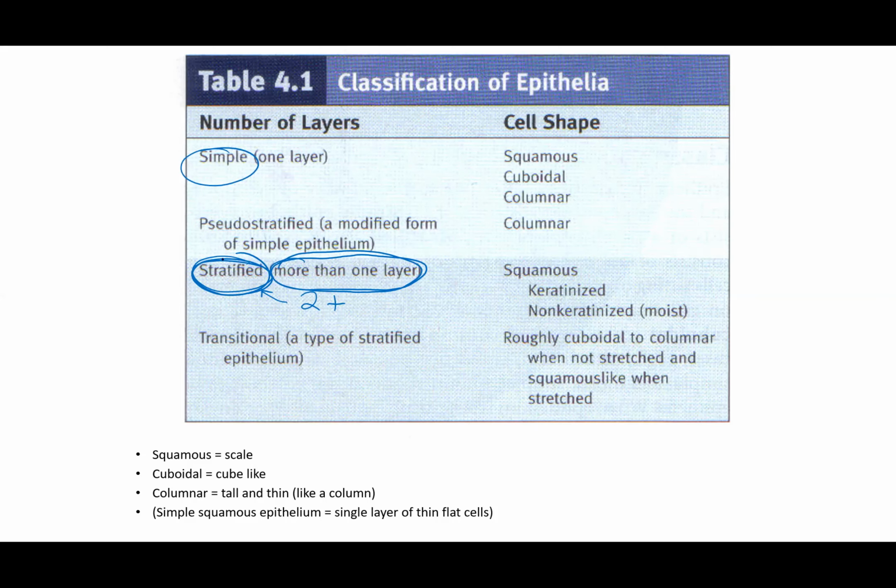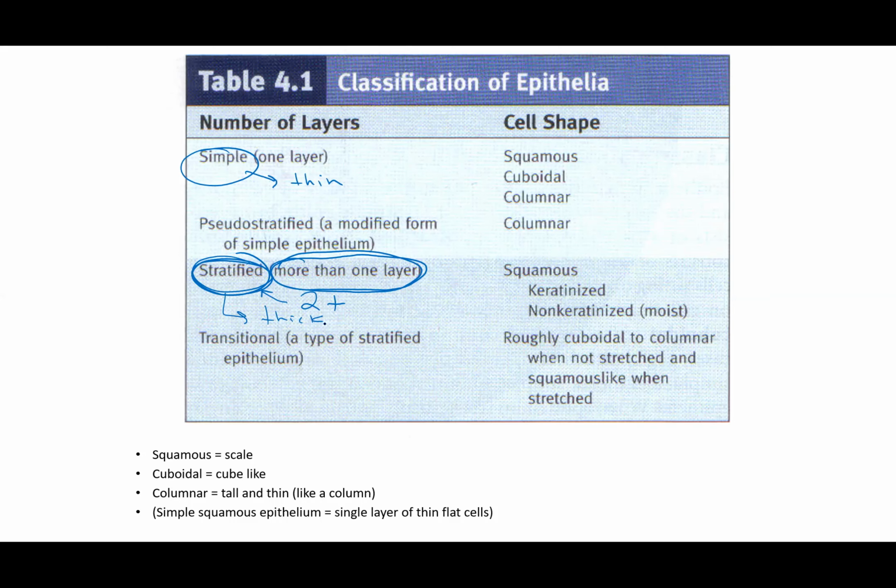Here's another way of looking at that. Simple, which is one layer, is very thin. Stratified is multiple layers, so it's very thick. Now this next thing I'm going to say, write this down.